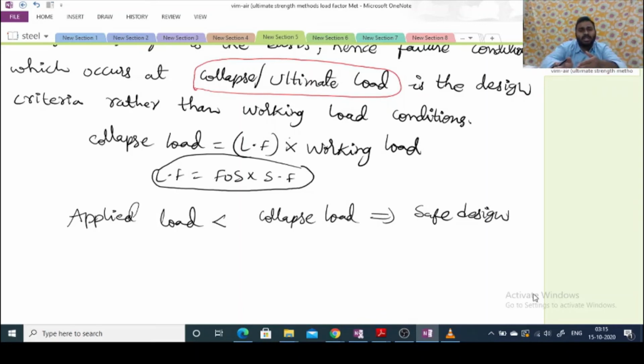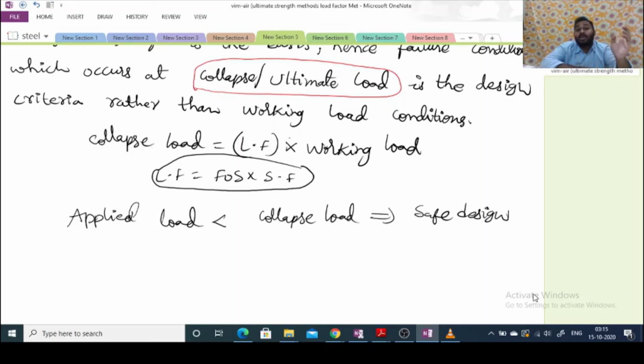The reason for taking beam as the example is that the design of axial member has already been dealt with. Where did we discuss the design of axial member? Come on, recollect.